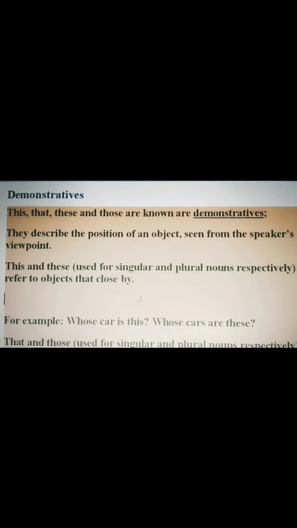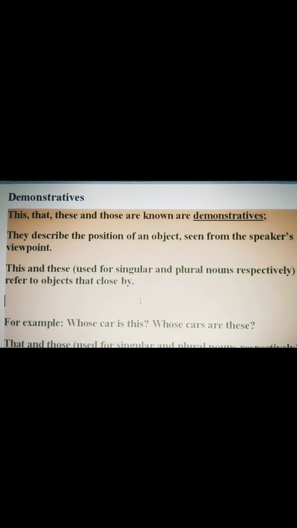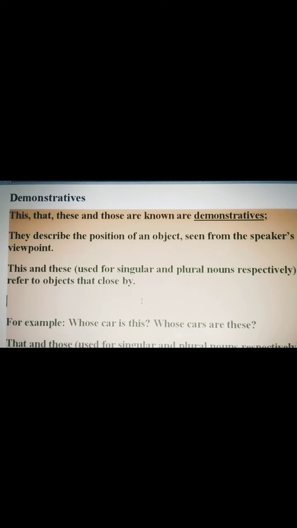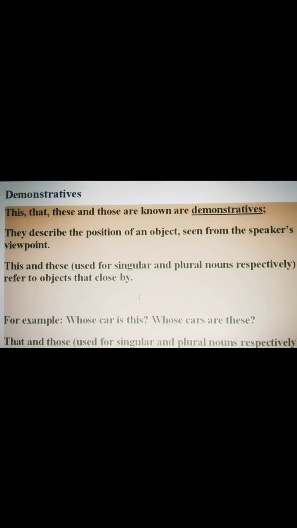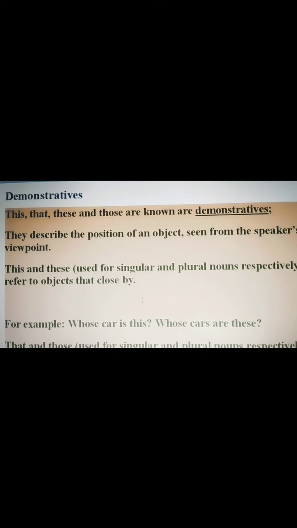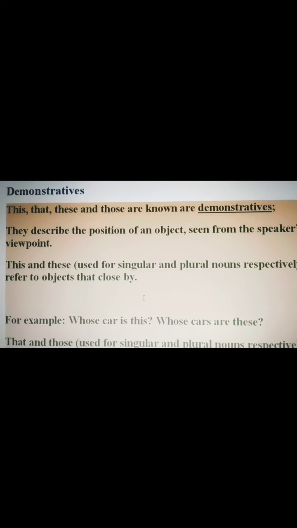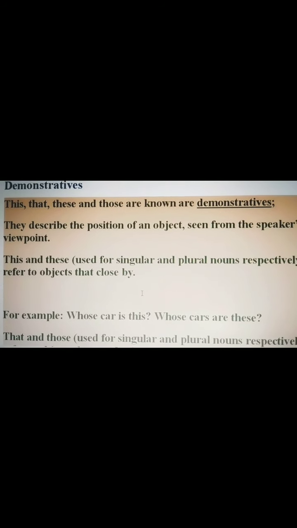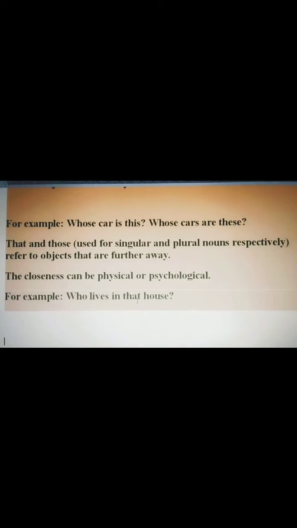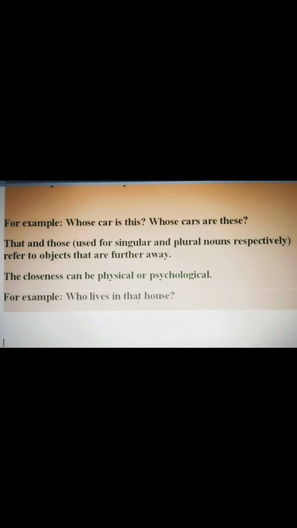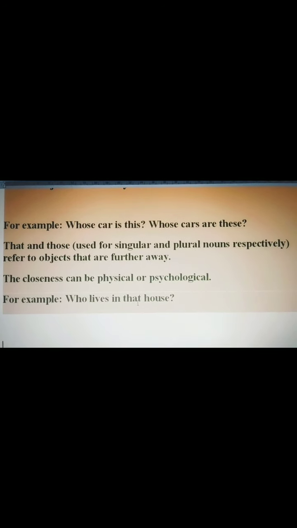Now all of you just write down two more sentences using this as well as these quickly in your notebook, below the given example. Now we'll talk about another one, that and those.